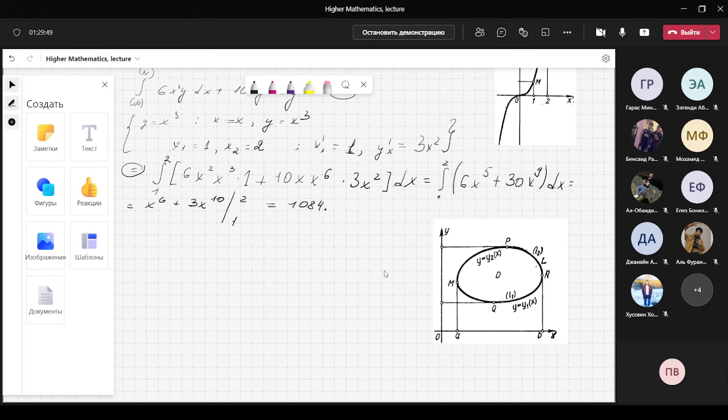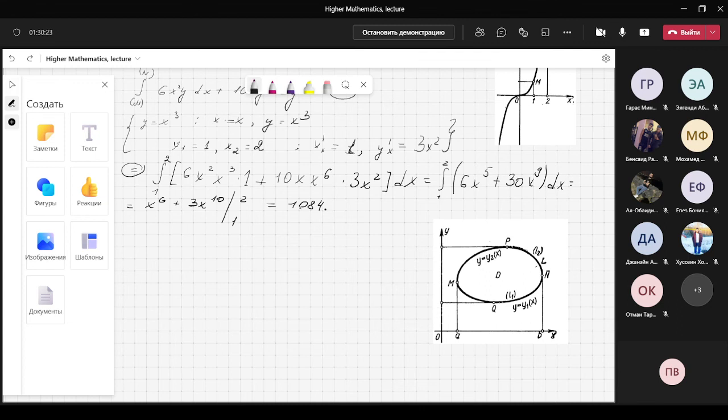Suppose that the region D is projected on the x-axis in the interval from a to b, and it is bounded along the curve L first y is y first of x, and y is y second of x. Y first of x is less than or equal to y second of x.